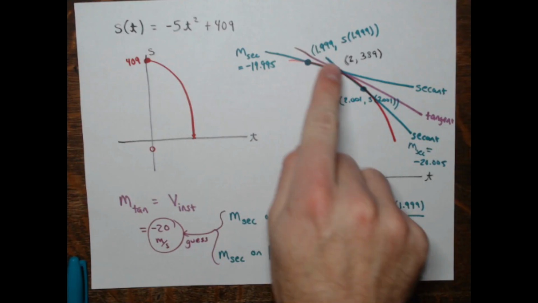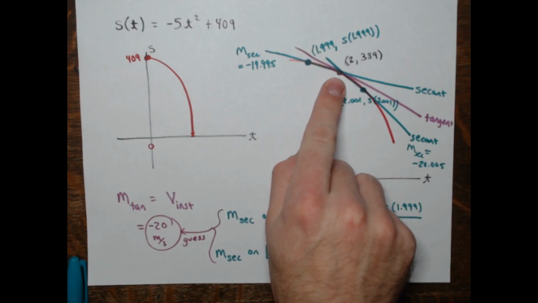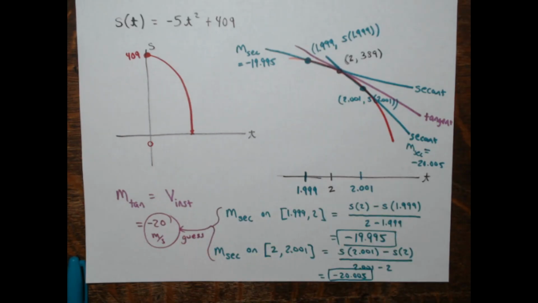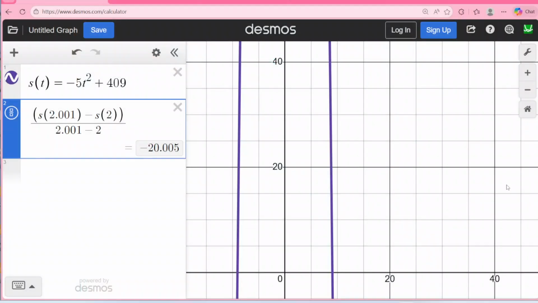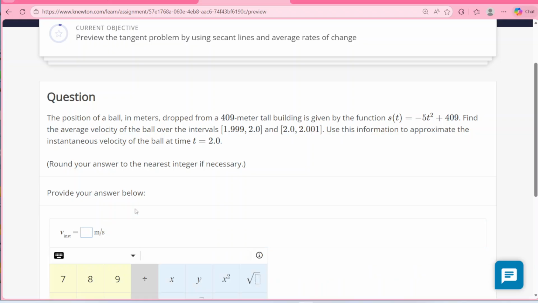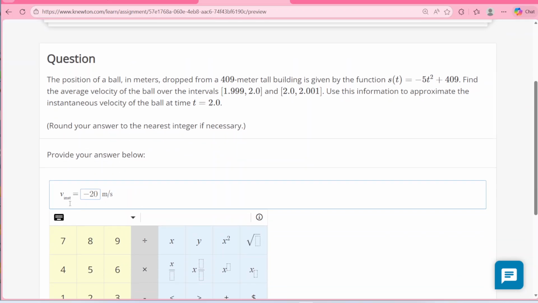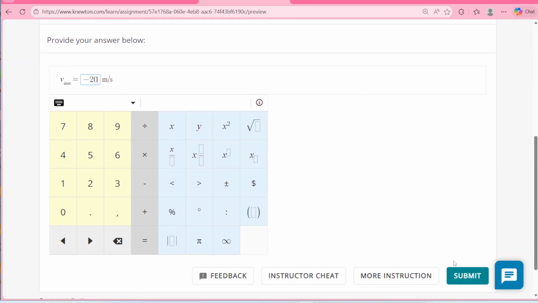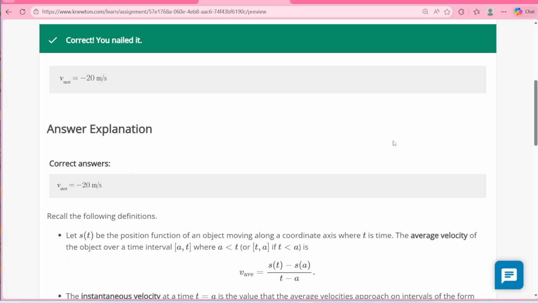So the velocity of the object at that one moment, the instantaneous velocity, based on those two secant line slopes, I would say is about negative 20 meters per second. And that's what you're going to be entering, right? That's what they're asking for. Round to the nearest integer, negative 20. So the instantaneous velocity is negative 20 meters per second. Great.